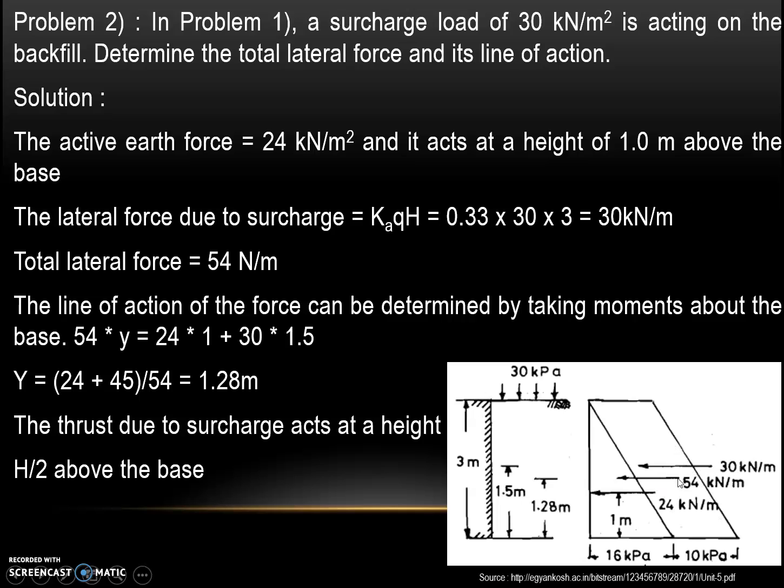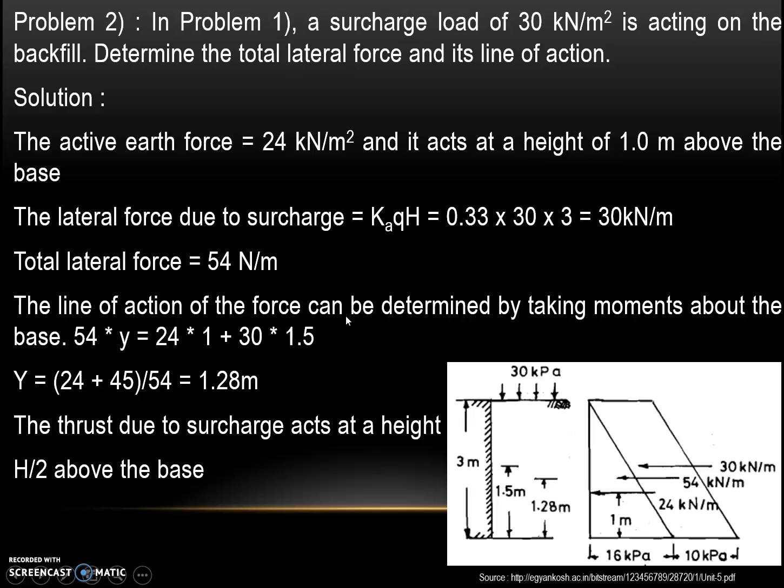The lateral force due to surcharge will be base into height, considering it as a rectangle. So base is Ka into Q and height is h. Ka is already found in problem 1, that is 0.33, into 30, that is Q which is given, and height is 3 meter. So this will give the value of lateral force as 30 kN per meter, and the summation of both these forces, that is 24 plus 30, will be 54 kN per meter, which is the lateral force.